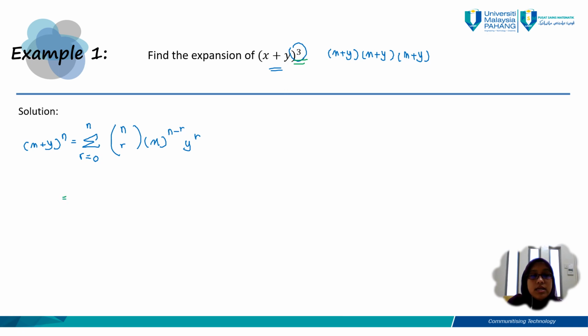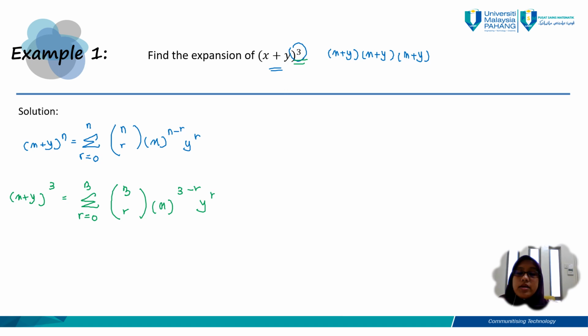That means (x plus y) to the power of 3 is equal to the summation from r equal to 0 until 3 of (3, r) x to the power of 3 minus r, multiplied with y to the power of r. So now let's expand this one.